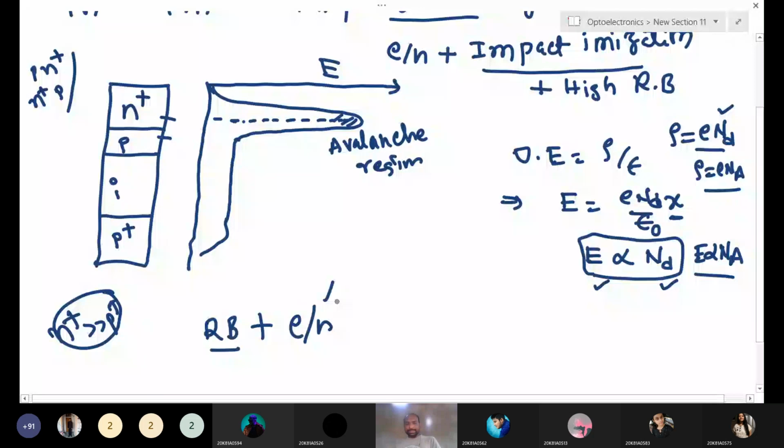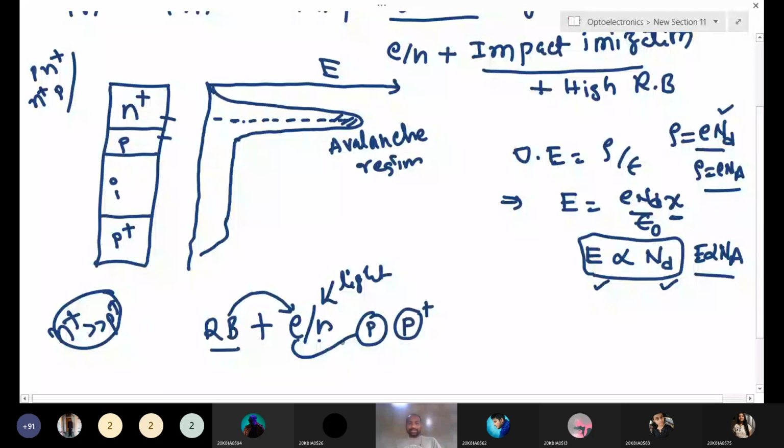Once this kinetic energy is gained, the electron makes a collision with neutral atoms or ionized atoms. That is plus charge, this is zero charge. Once this electron collides with the donor atoms or ionized donor atoms, they will generate one more extra electron.